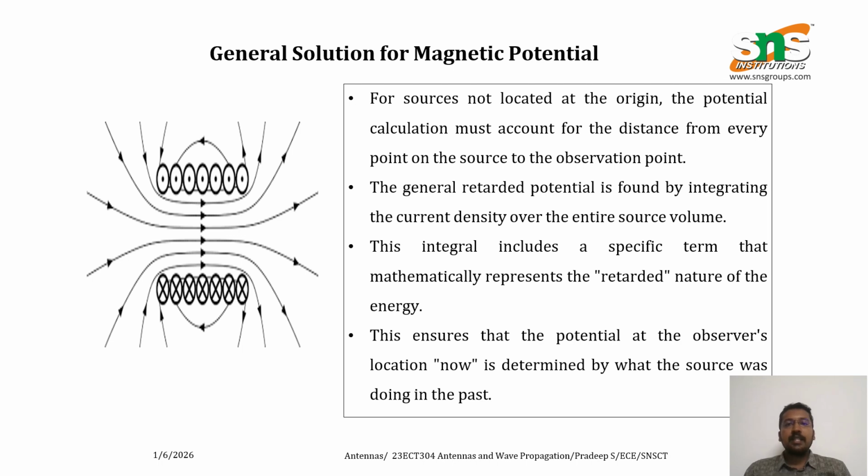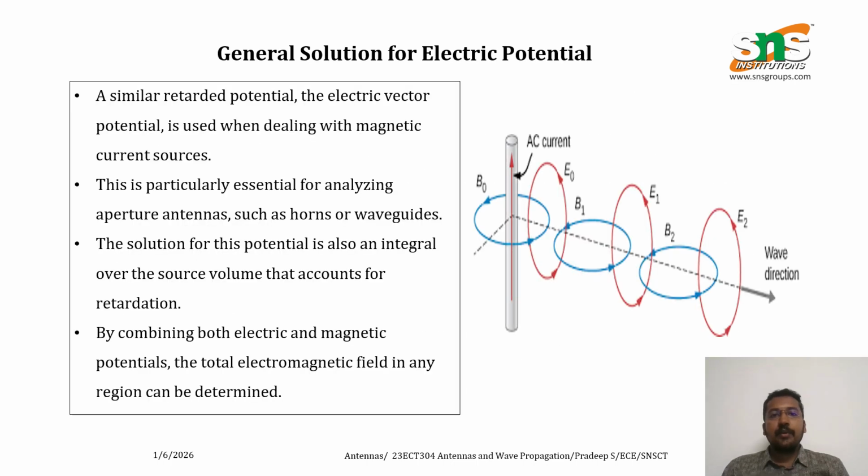This integral contains a specific term that explicitly represents the retarded nature of electromagnetic energy propagation. As a result, the potential observed at a given location and time is determined by the state of the source at an earlier time, reflecting the finite speed at which electromagnetic effects travel through space.